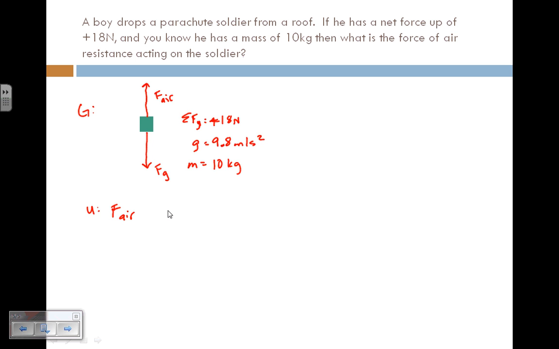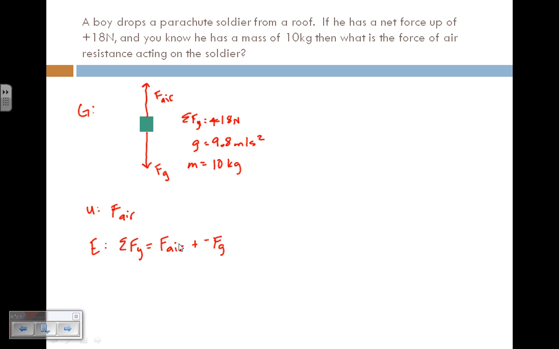To be able to calculate that force of air resistance, we'll have to use the sum of all forces in the y direction, which in this case is going to be the force of air resistance plus the negative force from gravity.